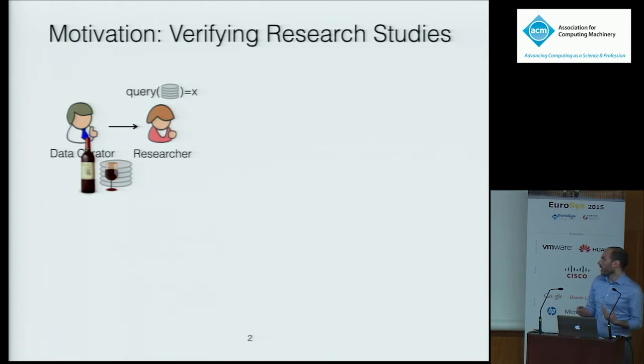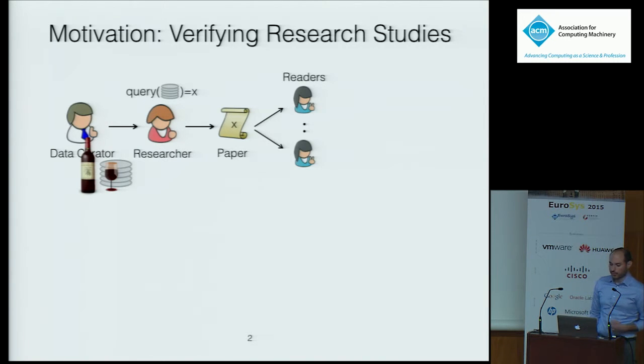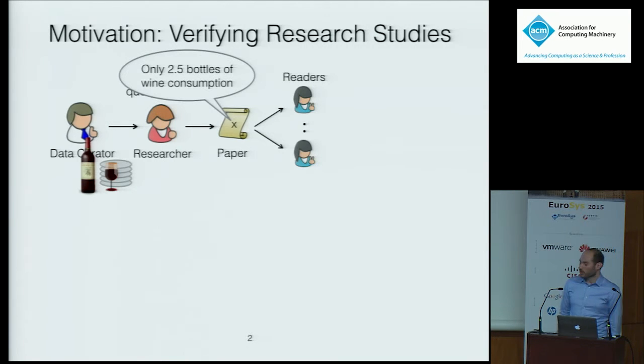Then researchers like us can get this data set, issue multiple queries, and decide to publish some of the results in an interesting paper that we can all get to read. But sometimes these papers can have surprising results, like this one, that only 2.5 bottles of wine were consumed.